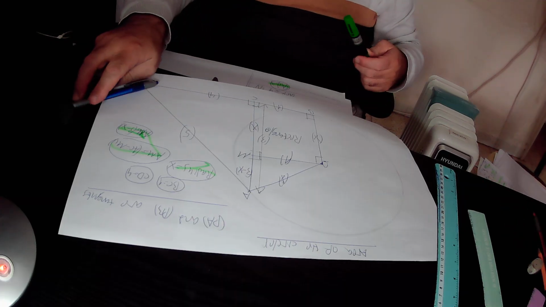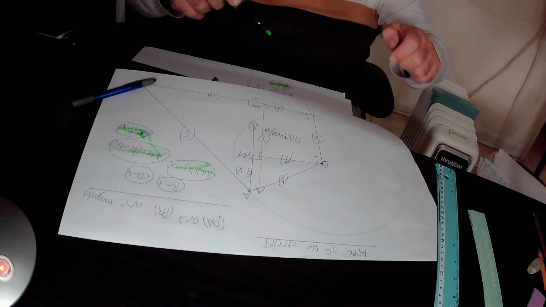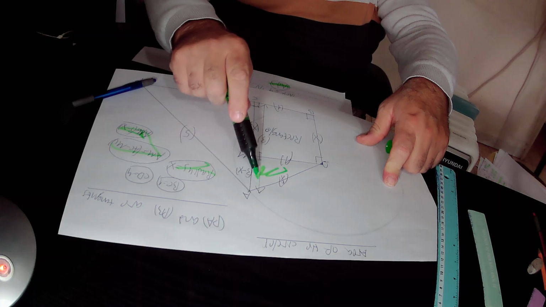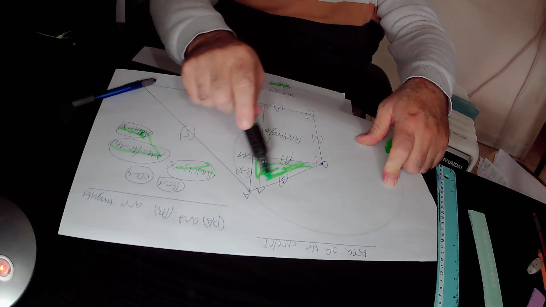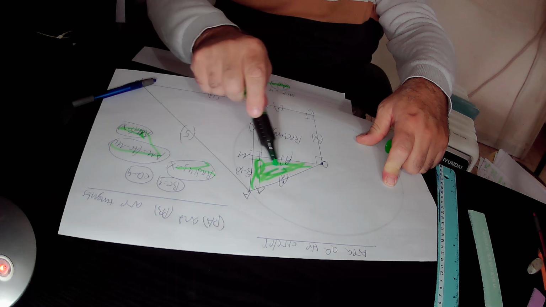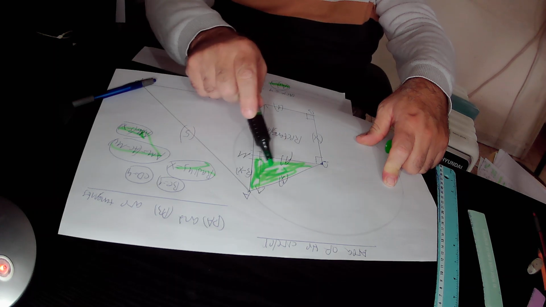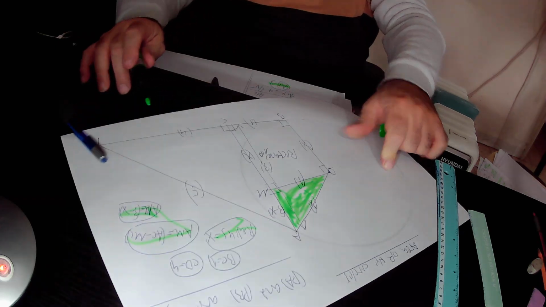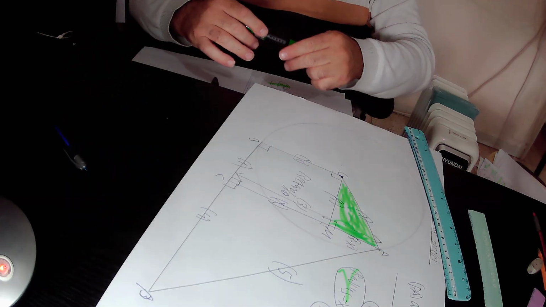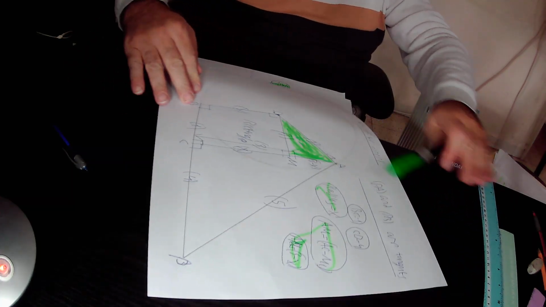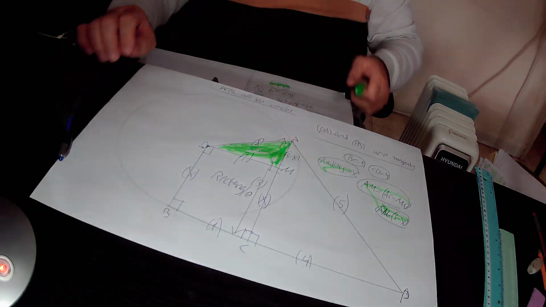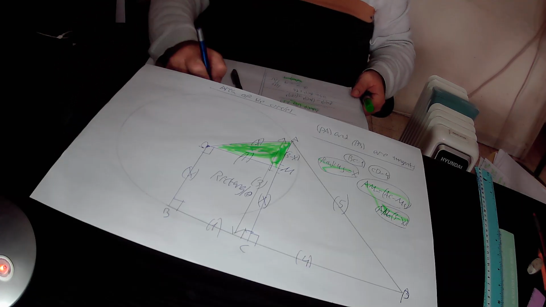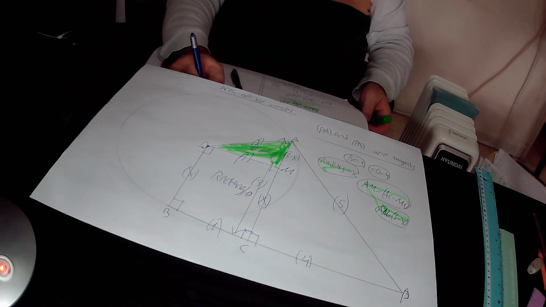In the next step, we will apply the Pythagoras theorem on this right-angled triangle, triangle AMO. Here PT stands for Pythagoras theorem.